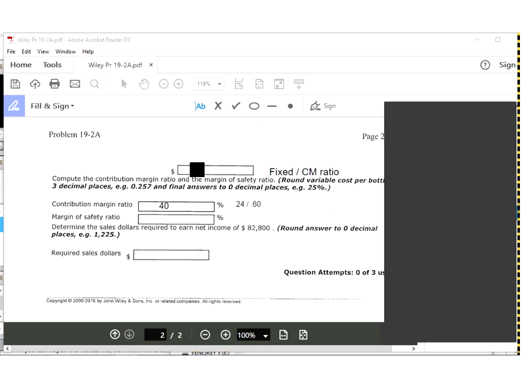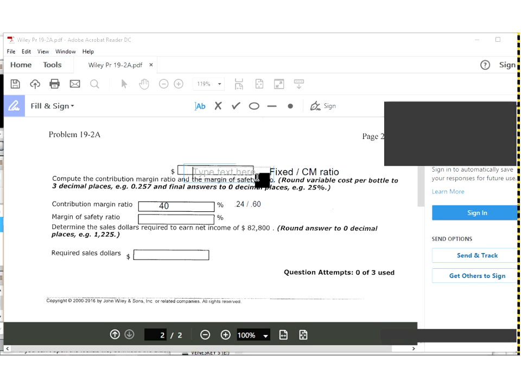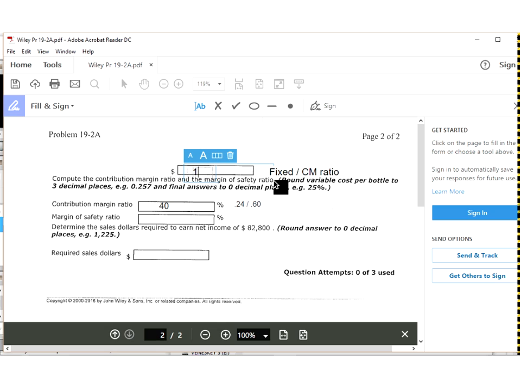I already know how many units I have to sell. For sale price, I need to bring in 1.698 million, 1,698,000 to get my break even in sales dollars. Sales units, we just did that above, that was the 2.83 million.